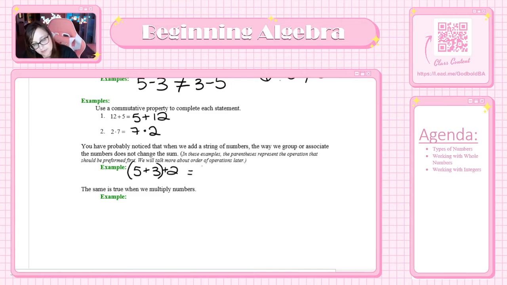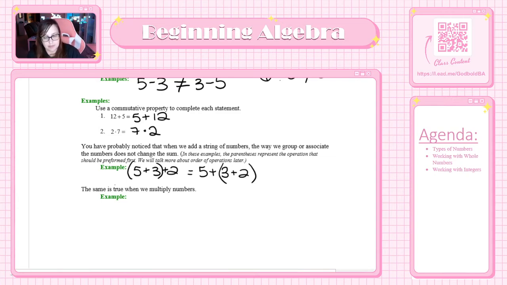But other people will say, well, you know what? 3 plus 2 is 5, plus 5 is 10. Neither of them are better, or neither one is the correct way. They're both completely fine. And the reason for that is the associative property of addition and multiplication.